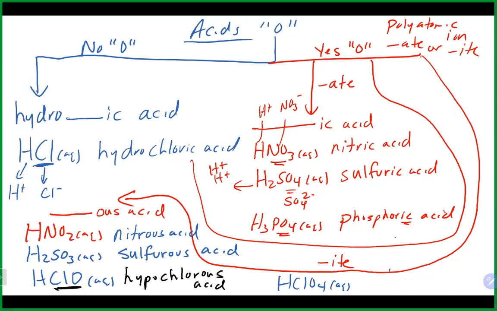This right here is ClO4 minus, which is perchlorate, and you keep the per in it, and this is perchloric acid. So even on those polyatomic ions with per or hypo in them, you keep that with the acid name, and just end it differently. Any questions on that?